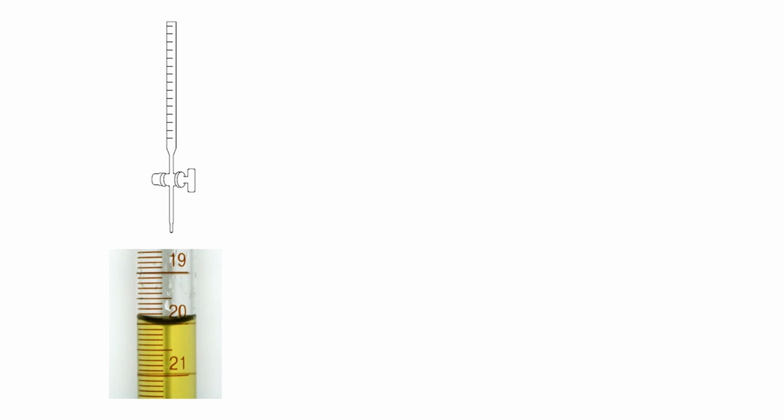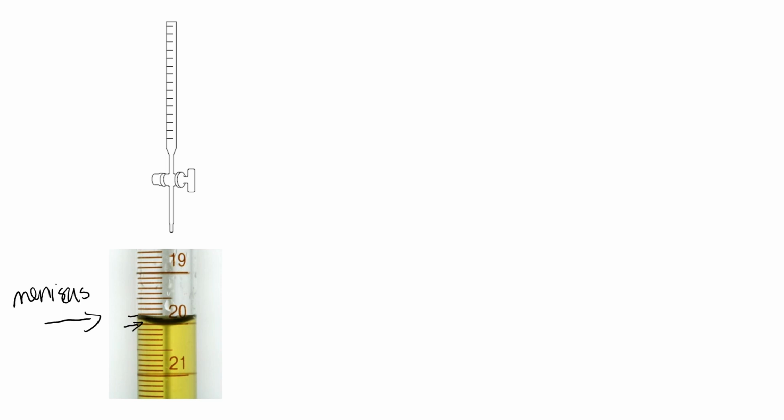Okay, now whenever you're looking at a burette, you can see that there is a curve on this liquid. Now that curve is called the meniscus, meniscus with the C there. And you can see it's got a top part and it's got a bottom part.